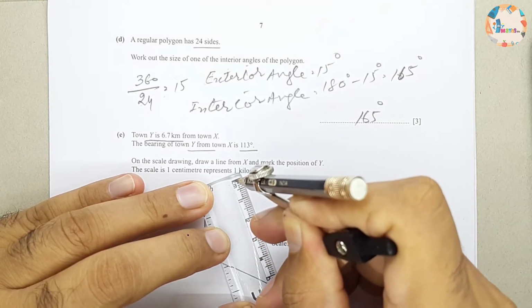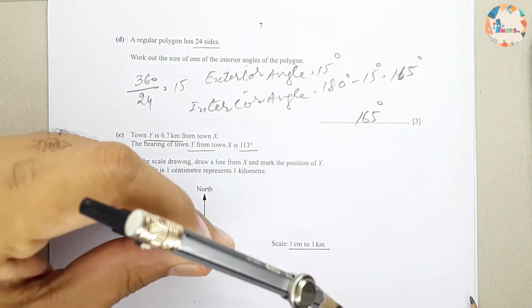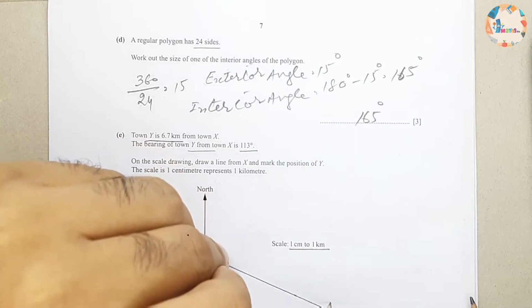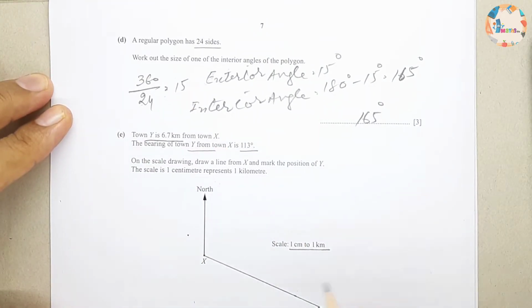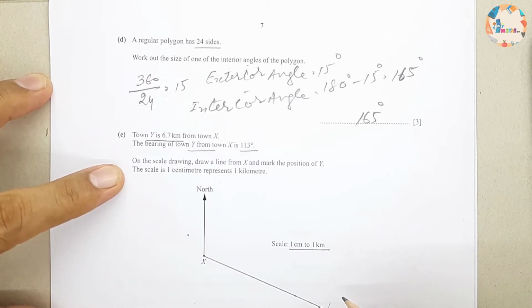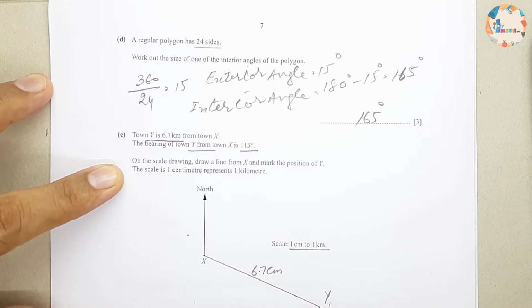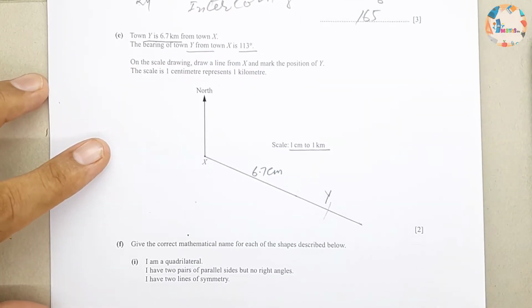We can open the compass exactly 6.7, and after opening the compass, we'll put the compass over here and make an arc of 6.7. After making the arc, we will write this position as Y, and this will be 6.7 centimeters, and 6.7 centimeters will be equal to 6.7 kilometers in actual length. So this is the drawing.